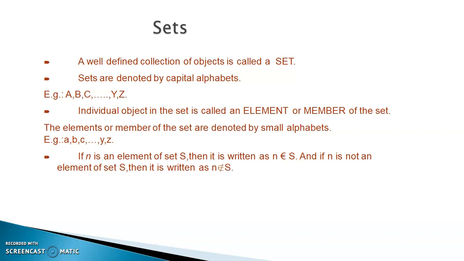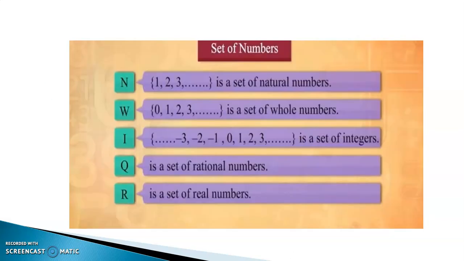If n is an element of set S, then it is written as n, that symbol you read as belongs to S. And if it is not an element of set S, then it is written as n does not belong to S. You have to write that symbol and strike it off. Set of numbers.